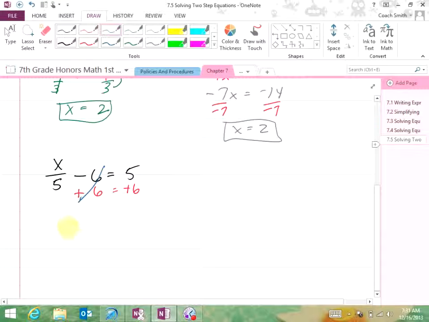These 6s cancel out, leaving me with x over 5 equals 11. Now, this right here is division. So the inverse of division is multiplication. So I'm going to multiply both sides by 5 over 1. Those cancel, leaving me with x is equal to 55.